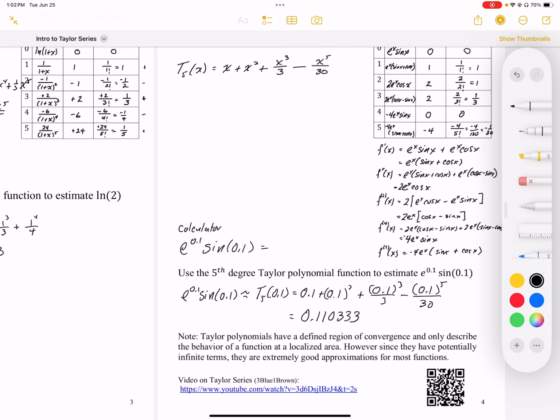My calculator gives me a value of 0.1103, okay, that's 0.3, I can give a couple more decimals here, 3.329. And you can see that this is a fairly good approximation because we can see that up until this decimal place, it's pretty close. We can see that that is a fairly close approximation based on our fifth degree Taylor polynomial.